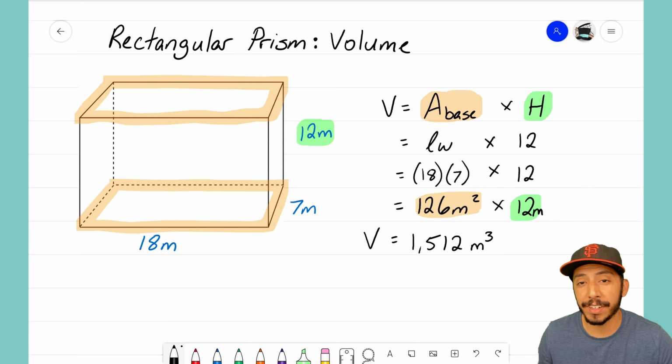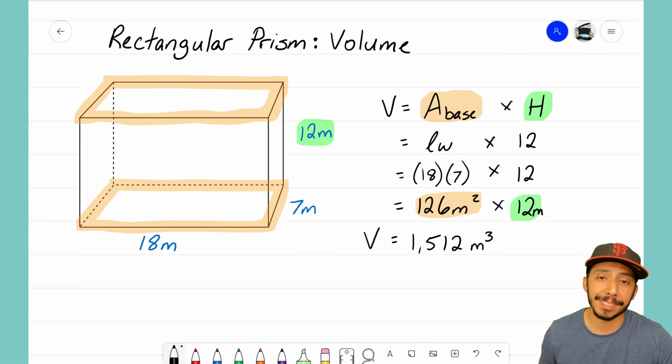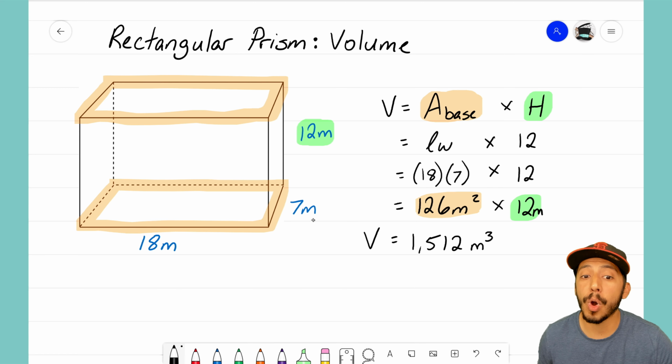Be sure to remember that when you're dealing with volume, your units will always be cubed. If you're sitting there trying to figure out why we have cubic meters instead of square meters, I'll tell you right now why. Notice that I took these three sides and I essentially multiplied all three sides together. For a rectangular prism, that's basically what you're doing. The area formula is 18 times 7, and then we multiply it by 12.